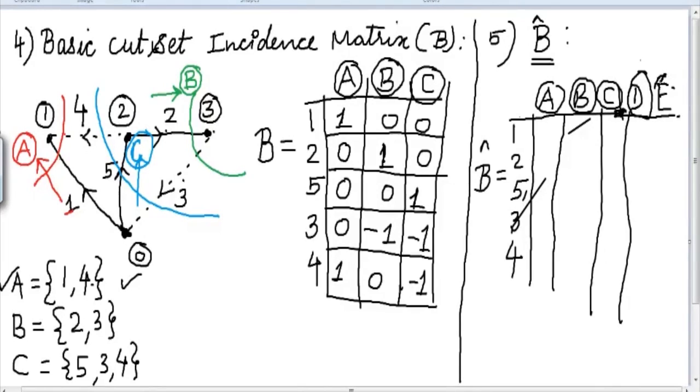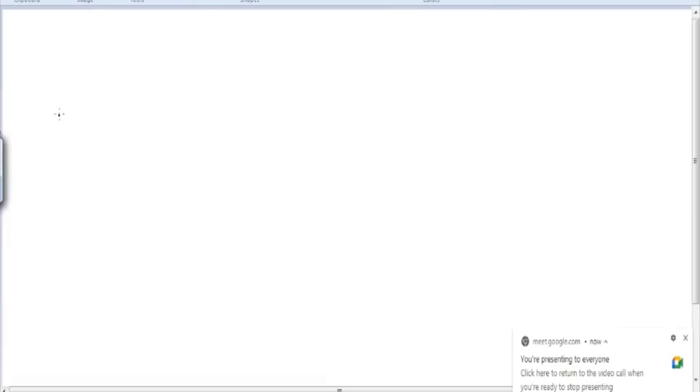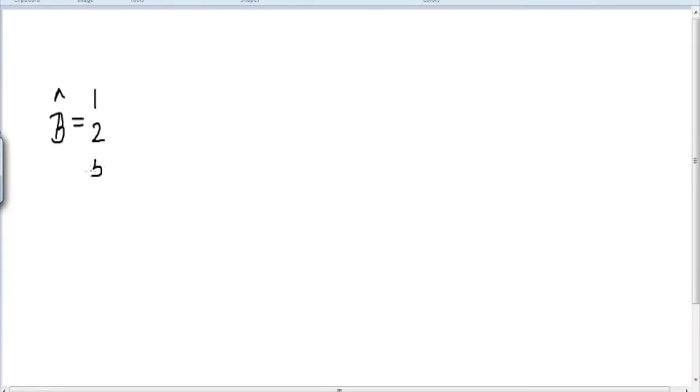So we will take B dot is equal to 1, 2, 5, then 3, 4.